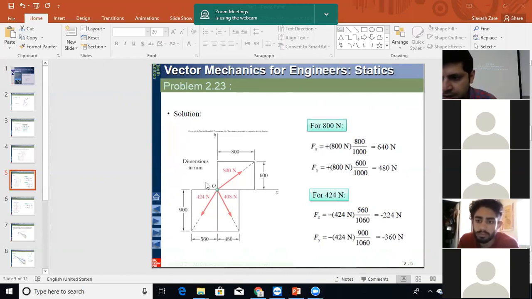Okay, so for the next force, we have actually similarly calculated this one. So here, the x component is actually the adjacent side, so you must take the cosine. So it is 560 over the hypotenuse length, and it has a negative sign, and Fy lies on the y direction.